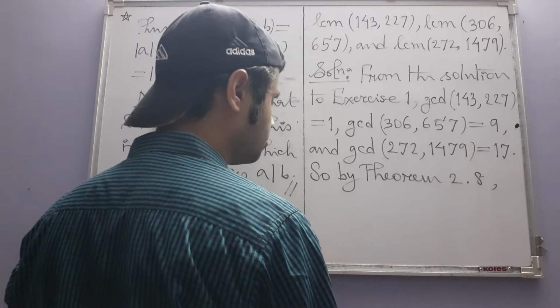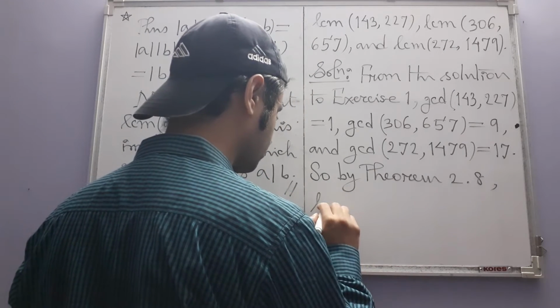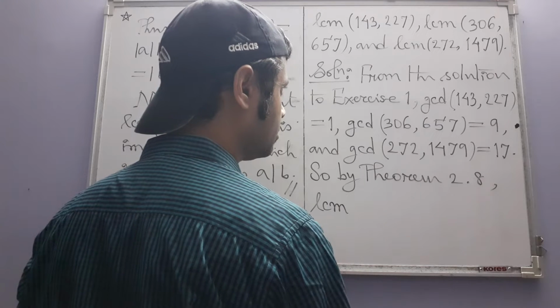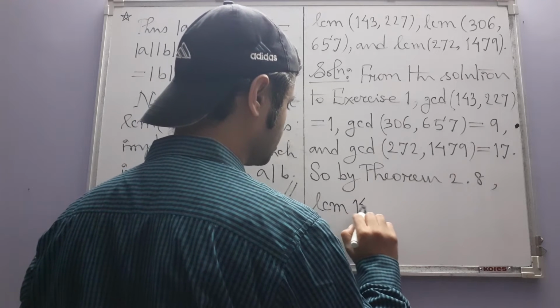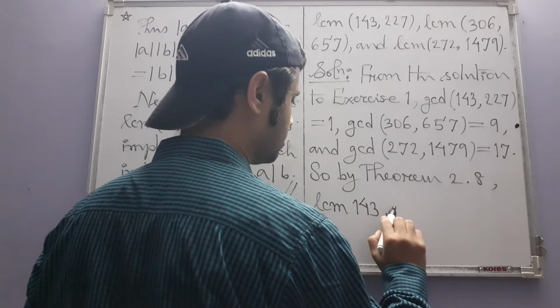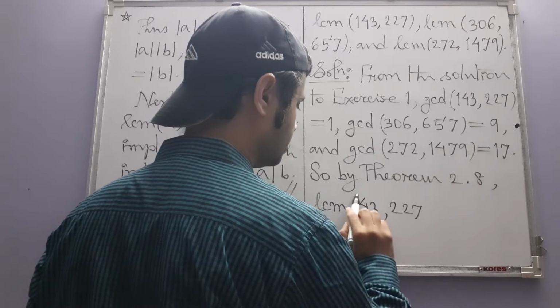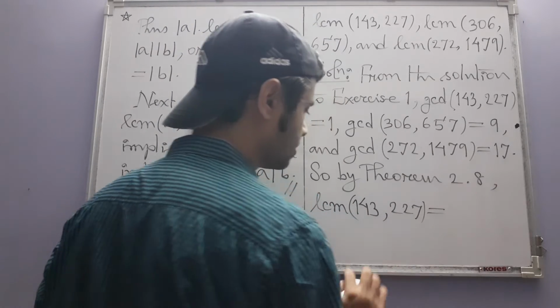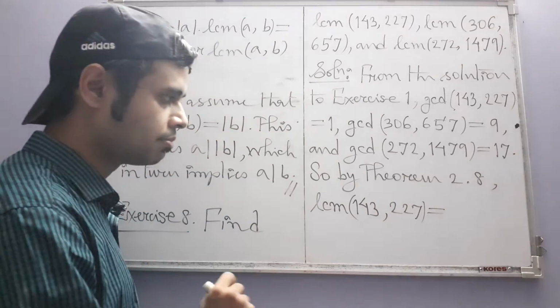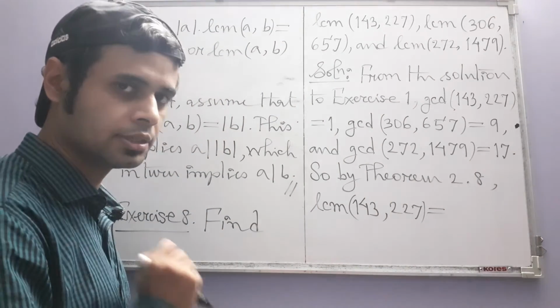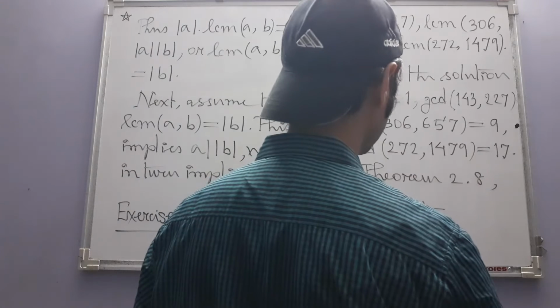So by theorem 2.8, LCM of 143 and 227, you know what it's going to be. It is the product of these two numbers divided by their GCD, which in this case is 1.